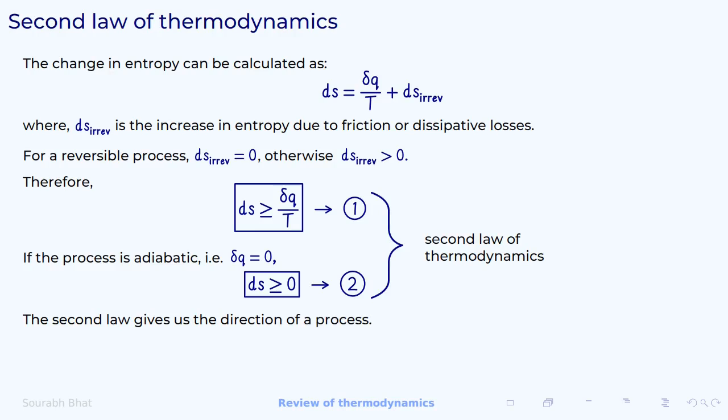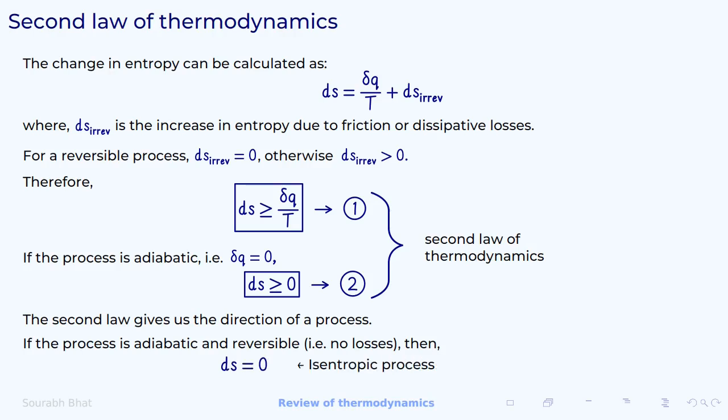The process will proceed in a direction such that the entropy of the system and surroundings always increase, or at best remain the same. We can see from the definition of entropy that if a process is adiabatic and reversible, then ds is equal to 0. Such a process is called an isentropic process.